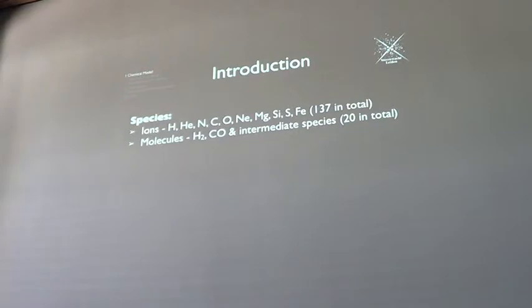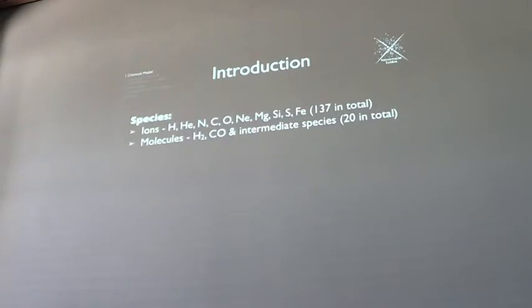The chemical network then includes the chemical reactions between these species, so collisional ionization, photoionization, cosmic rays and so on. And also a handful of reactions on dust grains, in particular the formation of H2 on dust. These reactions give us the rate equations for each species, which we can just integrate.